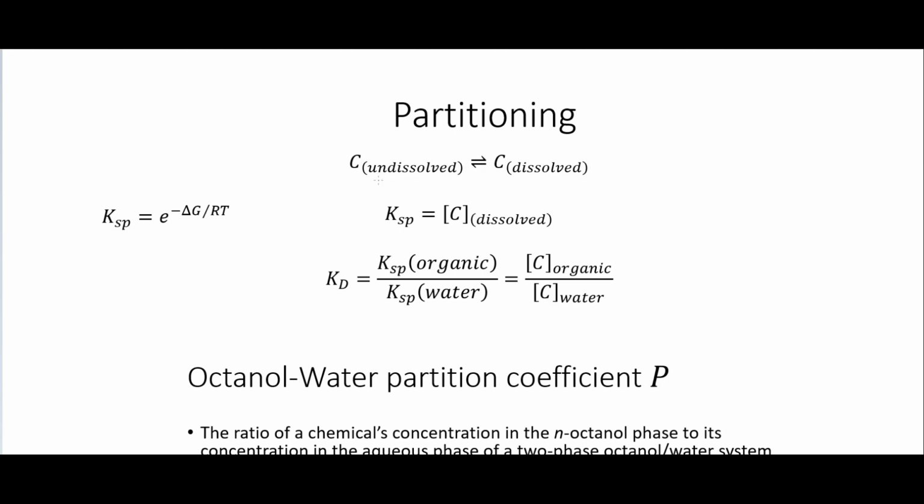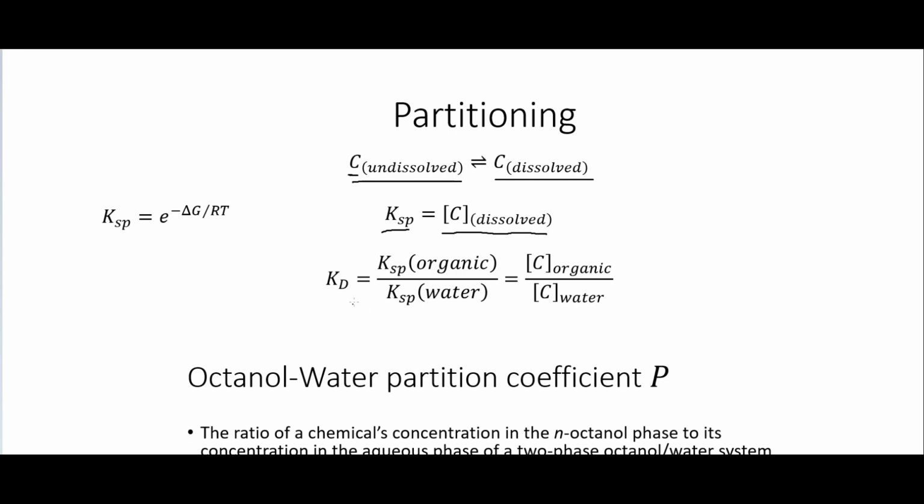And so here we can look at a C for the undissolved, so whatever species this is, maybe something like sucrose. We have it undissolved, you put a tablespoon into your coffee or tea or whatever, and it dissolves. So we can have our KSP be equal to the concentration of the dissolved.